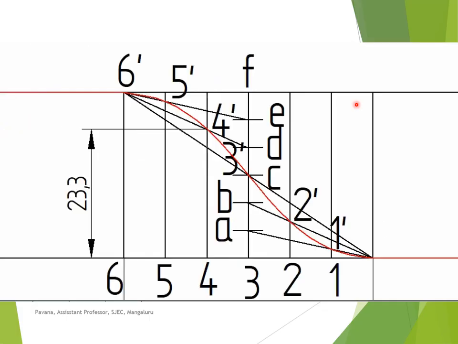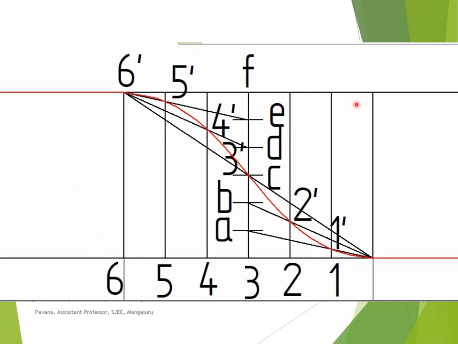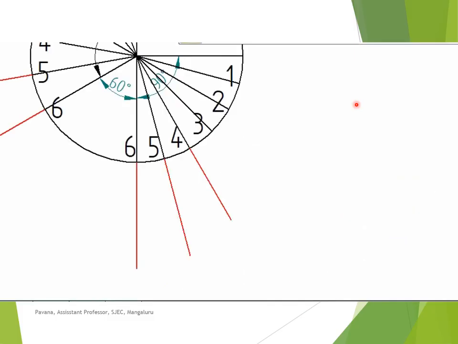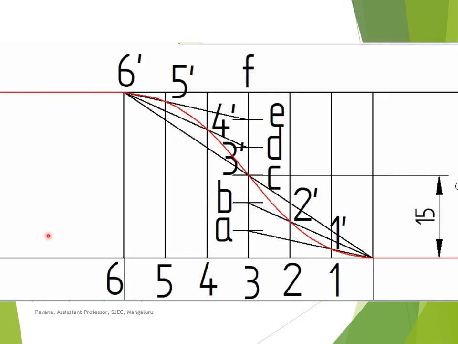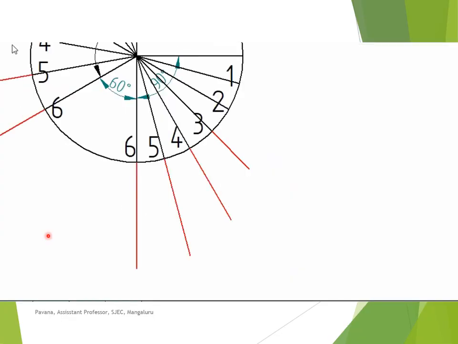Next, the 3 dash distance. 3 dash, it will be 15. So join that to this, and repeat that for the remaining. 3 is 15. Next, 2 to 2 dash distance is 6.63. Add that to this.